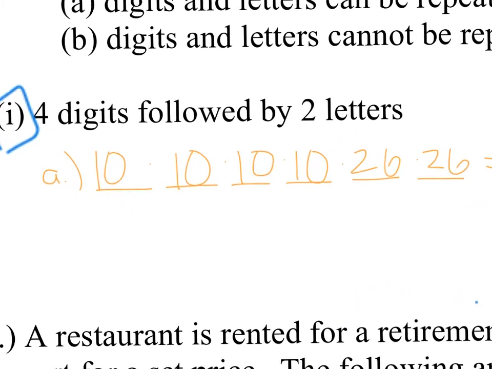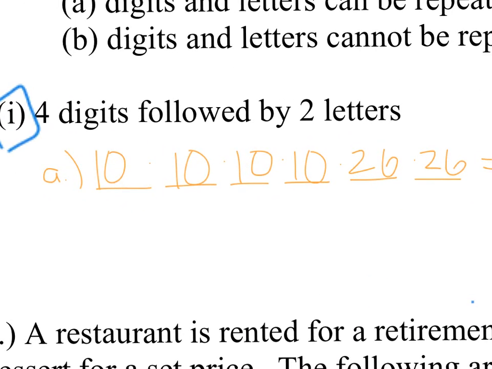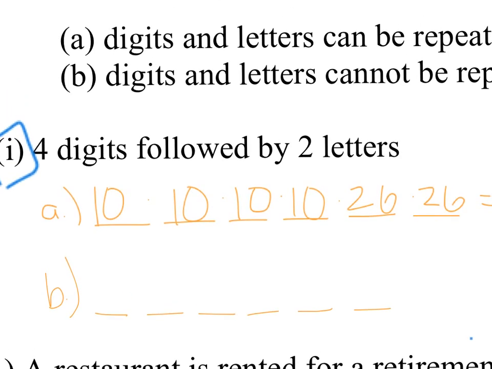Okay, so then what about B? If the digits and letters cannot be repeated, we still have 6 places, but for the 4 digits, we can't repeat them anymore. So we have 10 to choose from for the first number. Once we've used one of them, we now have 9 to choose from, then 8, then 7.